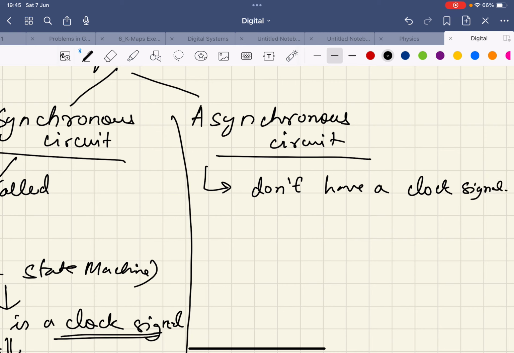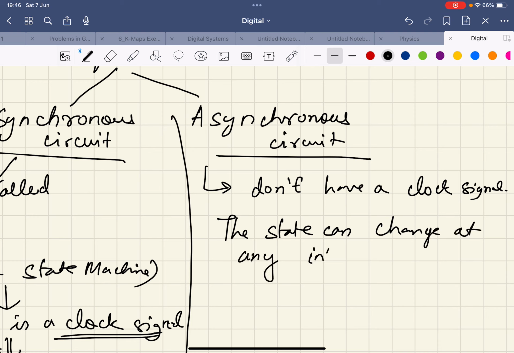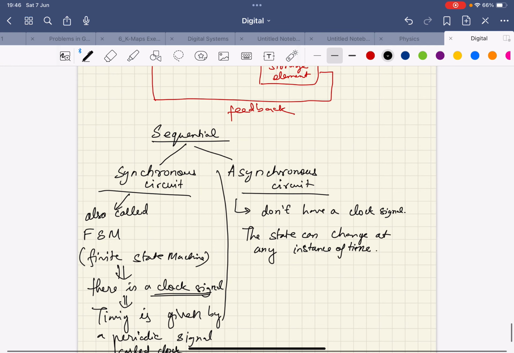What does it mean? The state can change at any instance of time. That means we are at state A and we can go to state B. It is not time dependent.